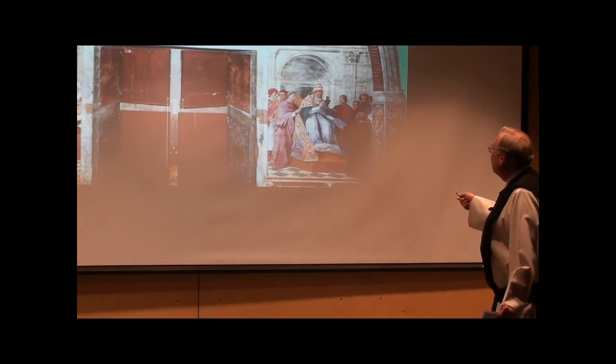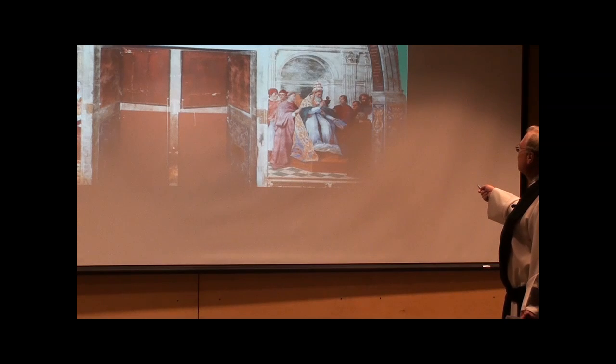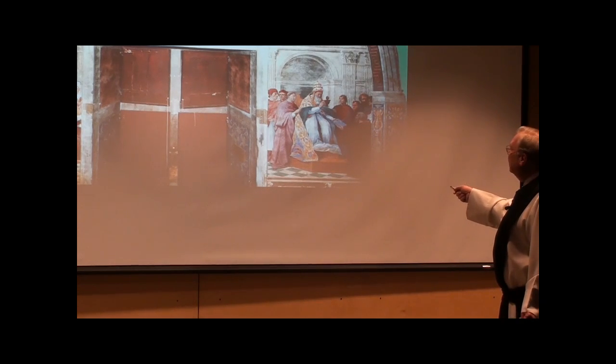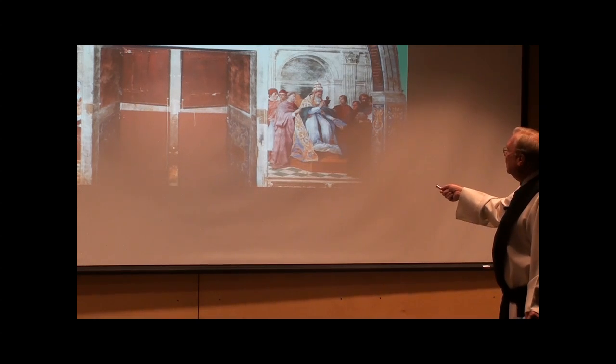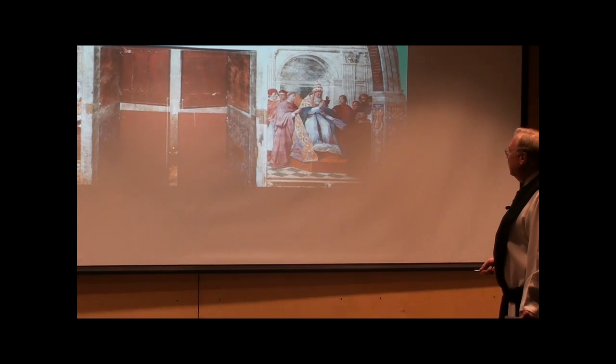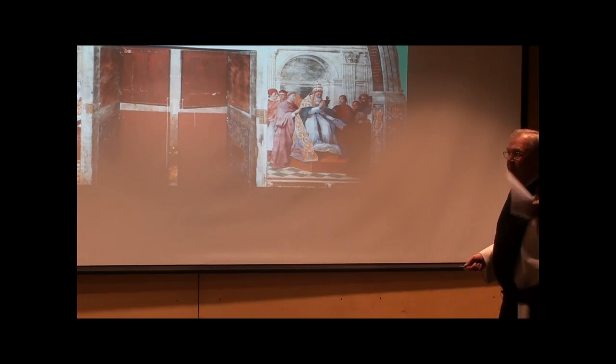So you have here the three theological virtues: faith, hope, charity, and three of the four moral virtues. That is, temperance, prudence, and courage. Courage, protecting the good things. Notice justice isn't there yet.